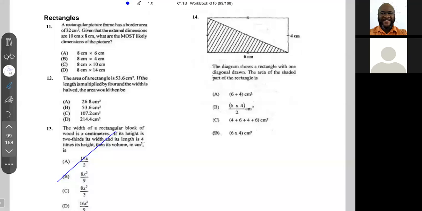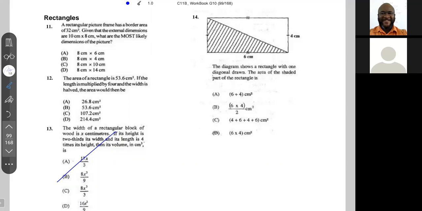All right, so question 11 says, a rectangular picture frame has a border area of 32 centimeters square, given that the external dimensions are 10 by 8 centimeters. What are the most likely dimensions of the picture?